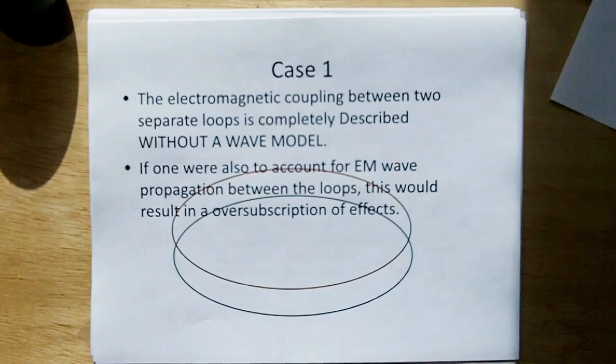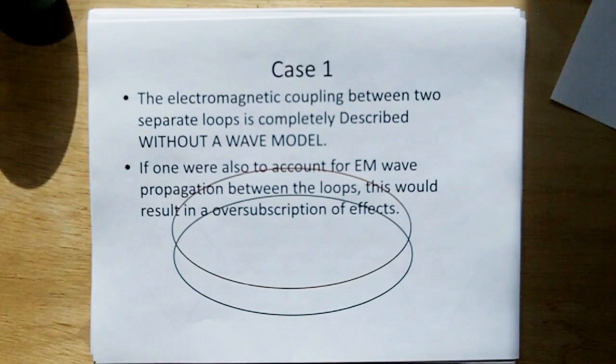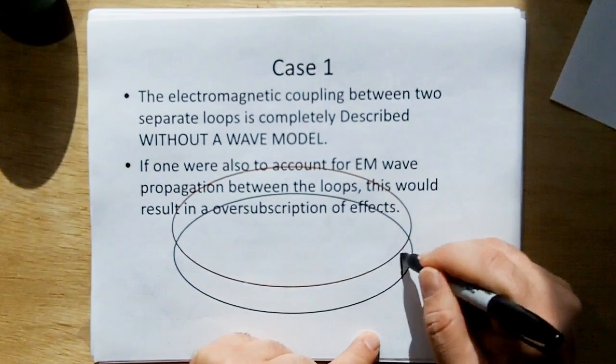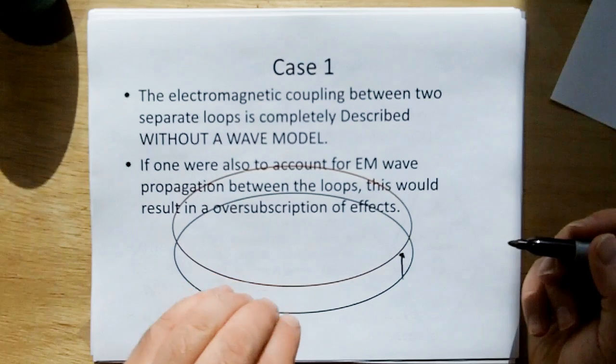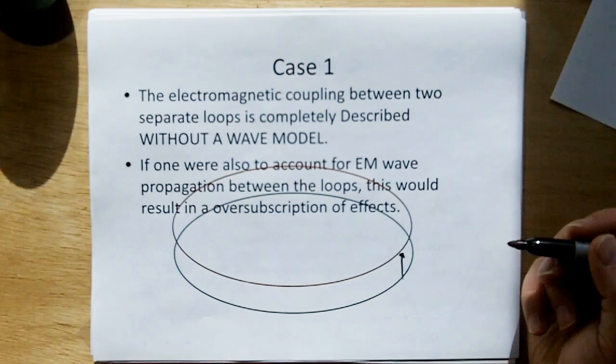Case 1. The electromagnetic coupling between 2 separate loops of wires is completely described without a wave model. If one were also to account for the electromagnetic wave propagation from loop A to B, you would oversubscribe the effects you've already measured just by measuring this experiment. And the mutual induction experiment is well known, and the results are easy to measure.